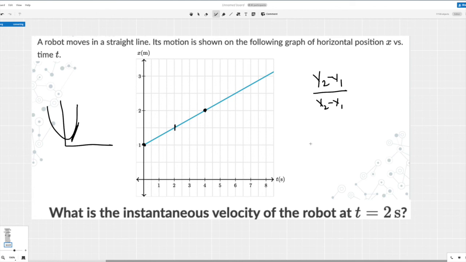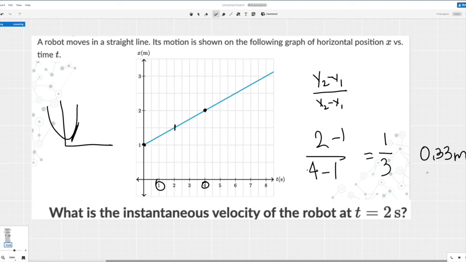So y2 minus y1: this y, 2, minus 1, over x2, which is 4, minus x1. That's 1 over 3, which will give us 0.33 meters per second at time equal to 2.